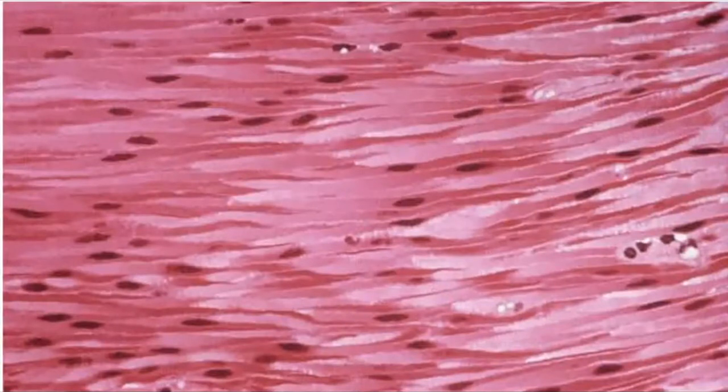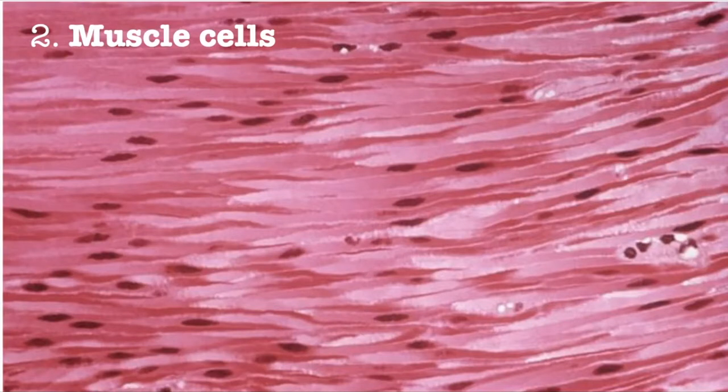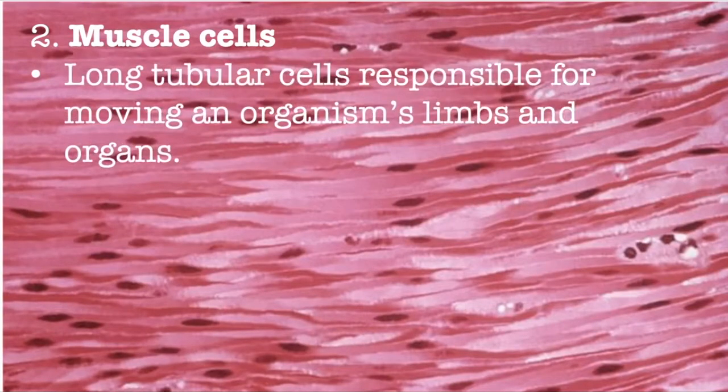Okay, next, the second animal cell type, we have the muscle cell. Muscle cell or myocytes, myo, that is a term for muscle, and cyte, cell. We also call it muscle fiber or muscle cell.